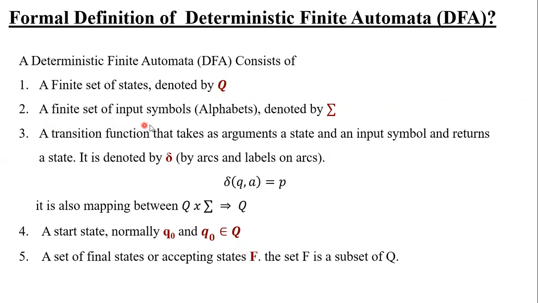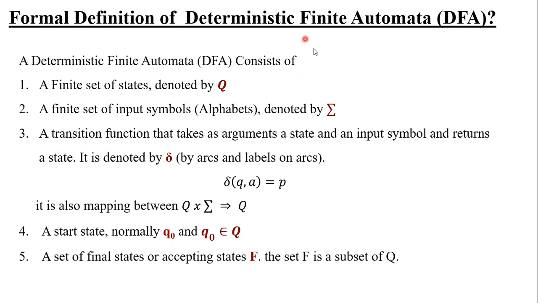Then a finite set of input symbols, alphabets, and it is denoted by sigma. Although the symbol sigma is the same as we have defined in case of regular expression, in this case, these are input symbols. Input symbol means the input that will be given to the automata to recognize or accept it. That input string will actually be based on these input symbols.